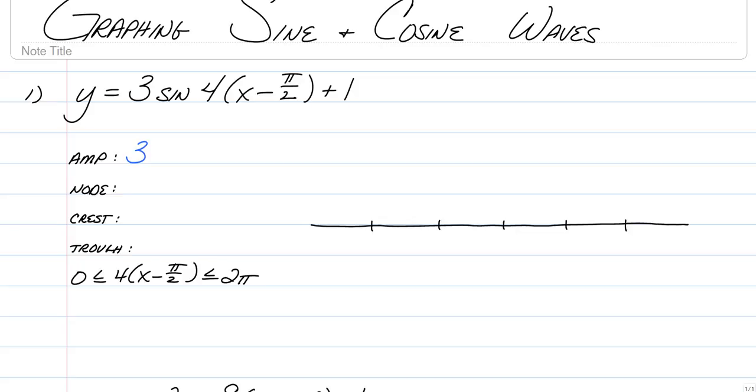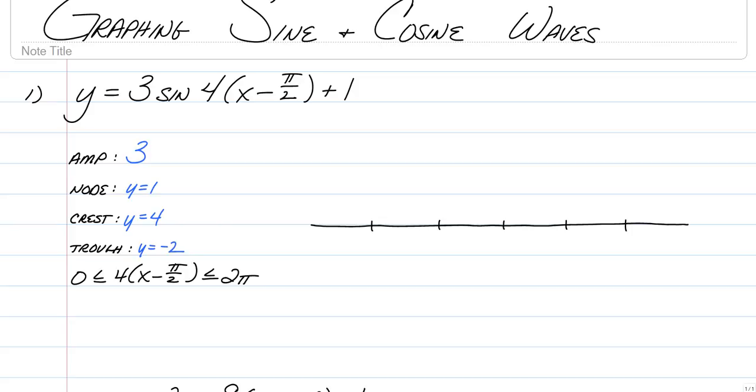Our node line is up 1, so y is equal to 1 is the equation of the node, but it's our vertical shift of up 1. So our crest, meaning the top of the graph, is going to be 3 units above the node, which is 4. And the trough would be 3 units below, so we would have a -2. So watch what I'm going to do with that.